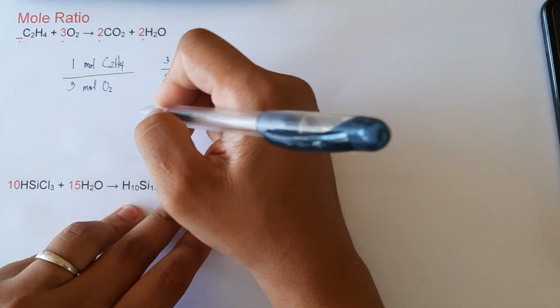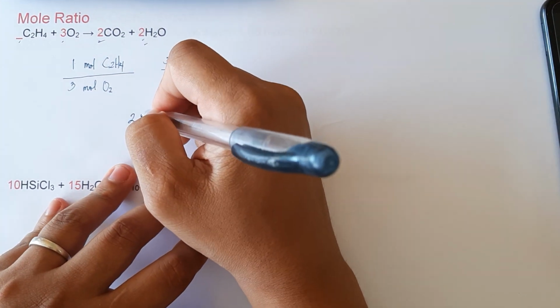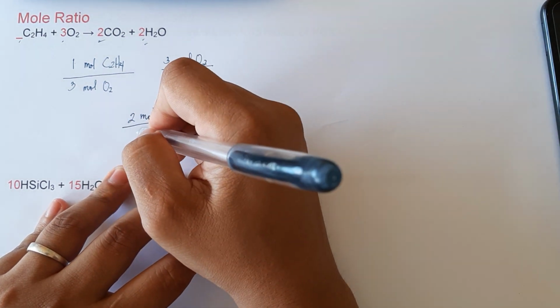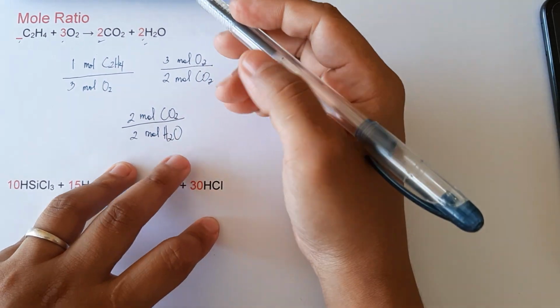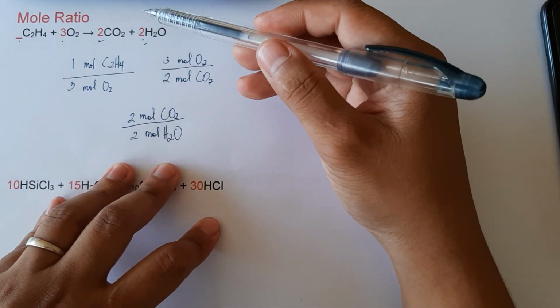Another one, let us have carbon dioxide and water. So that's 2 moles of carbon dioxide over 2 moles of water. Basically, there are a lot of mole ratios that can be found in this balanced chemical equation.